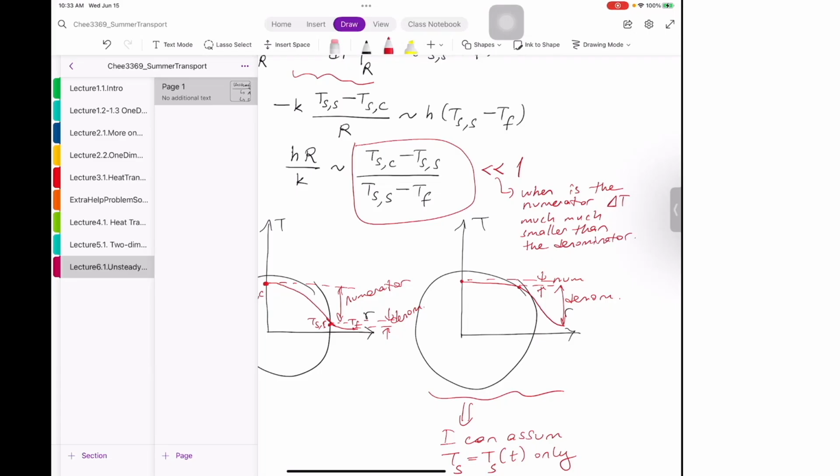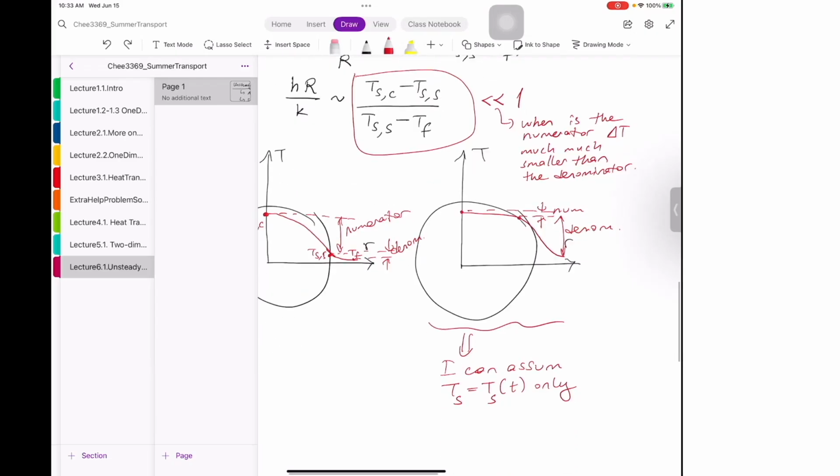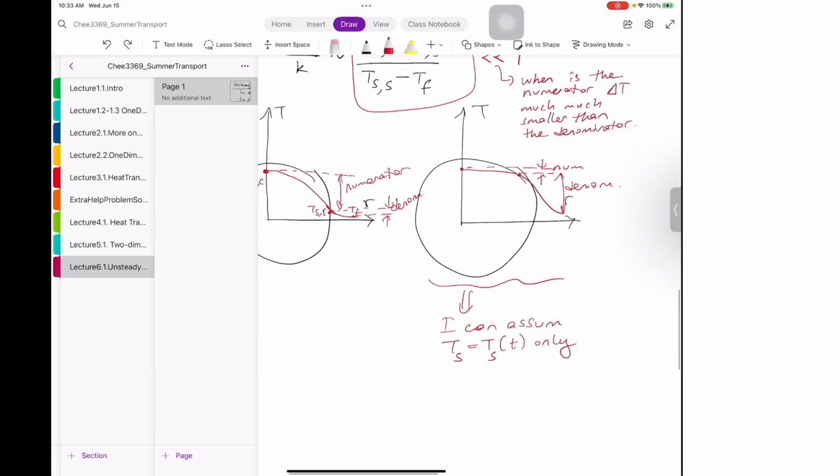Okay, so this means that this number hR over k gives me an idea, because that's something which is approximately equal to this number, right? Well, I'm not being exact here, but it doesn't matter. I'm talking about comparing 1 and 1000 or 1 and 1. So I'm talking about orders of magnitude here.